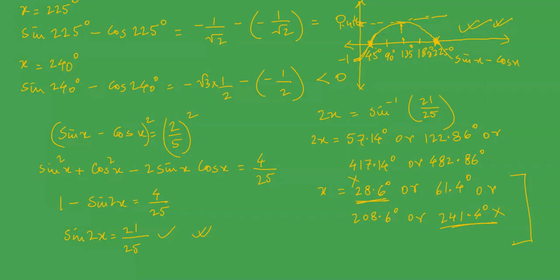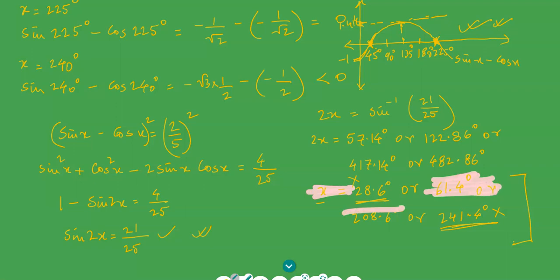So the only 2 values that x can have are x equal to 61.4 degrees or 208.6 degrees. These are the only 2 values that x can have.